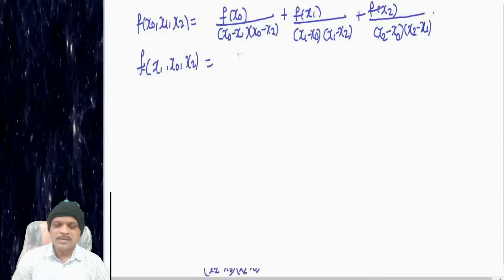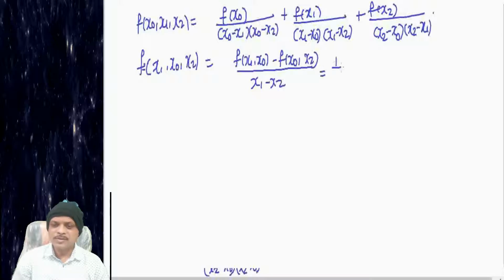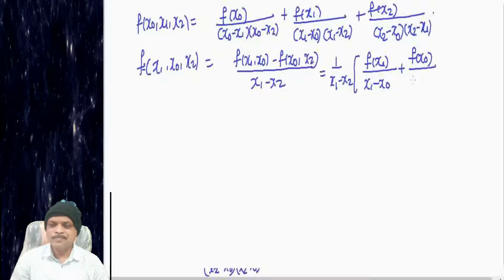Again, by definition, this will be f of x1 comma x0 minus f of x0 comma x2 divided by x1 minus x2, equal to 1 divided by x1 minus x2 into f of x1 divided by x1 minus x0 plus f of x0 divided by x0 minus x1, minus, in bracket, f of x0 divided by x0 minus x2 plus f of x2 divided by x2 minus x0.